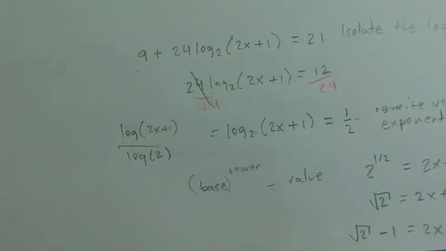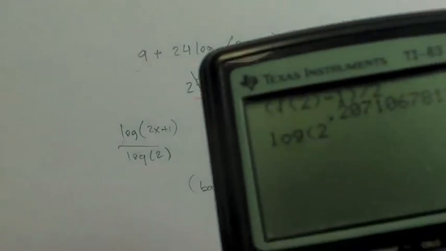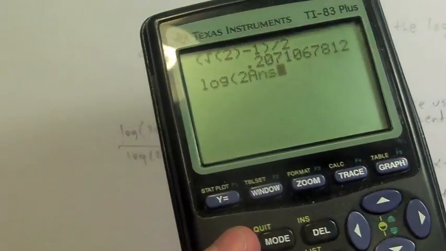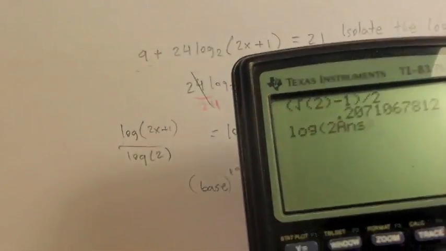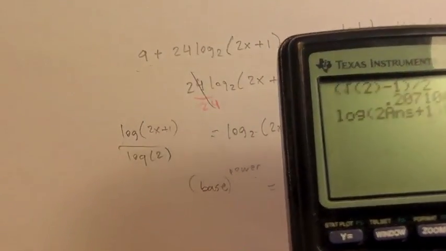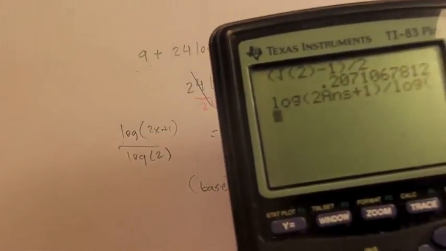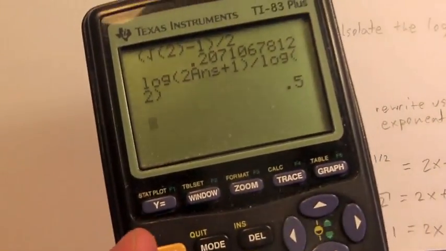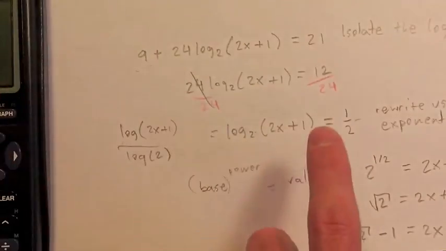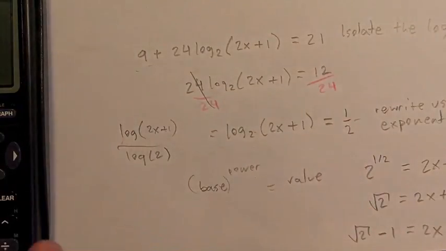So log of 2 times the answer plus 1 divided by log of 2 gives me 0.5. And that's what we have there.